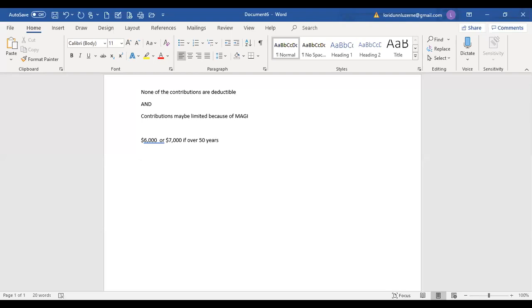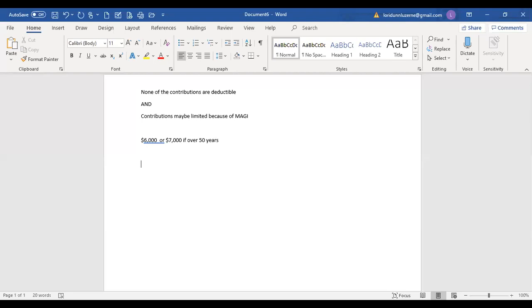Your contribution to a Roth IRA is determined each year. You can make it in the following year, but it's based on your MAGI, your modified AGI, without taking into account any IRA.